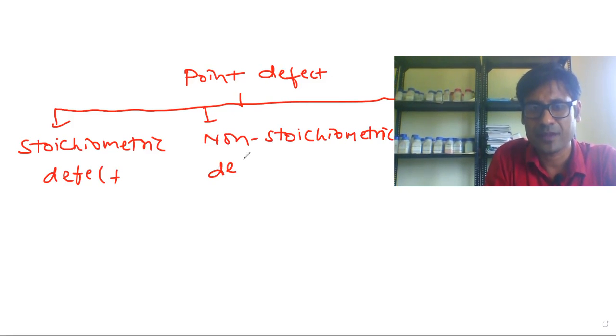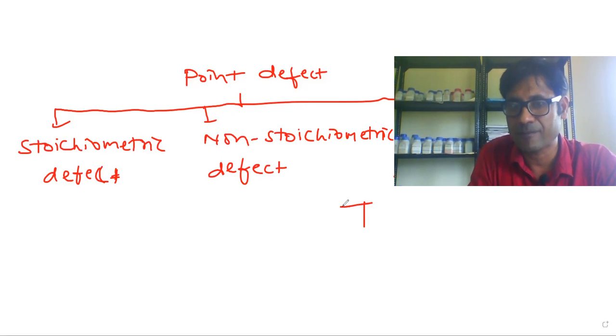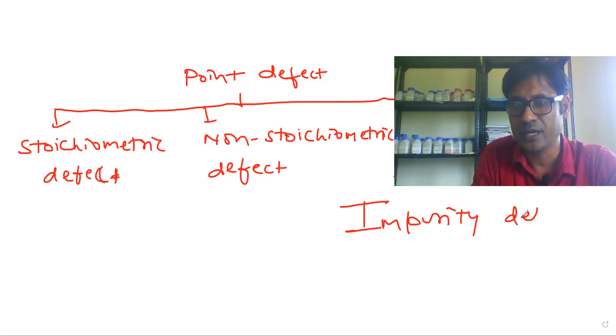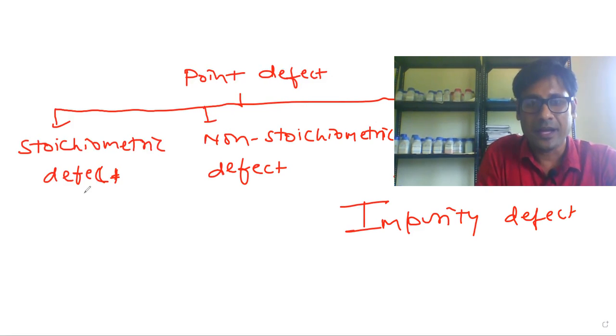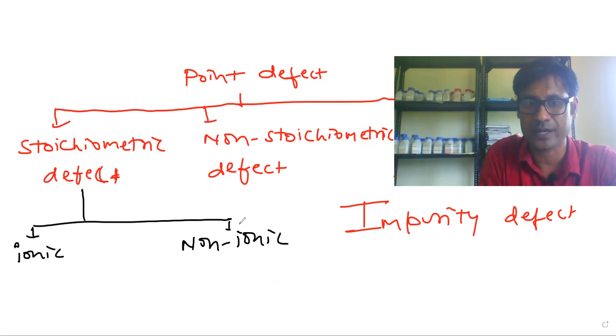And third one is impurity defect. Stoichiometry defect is further classified into two types. First is ionic defect, and second one is non-ionic defect.